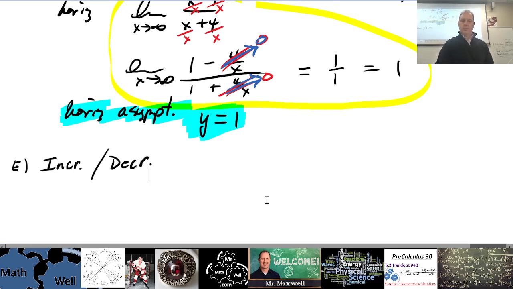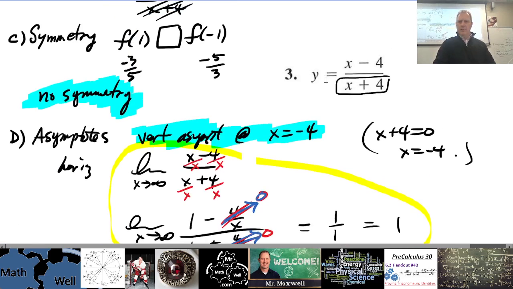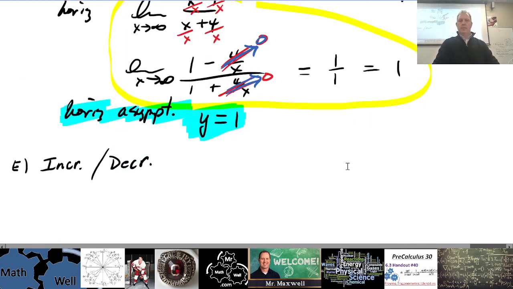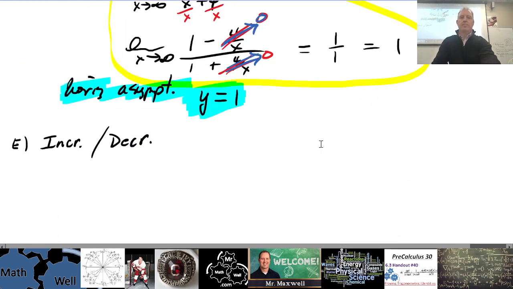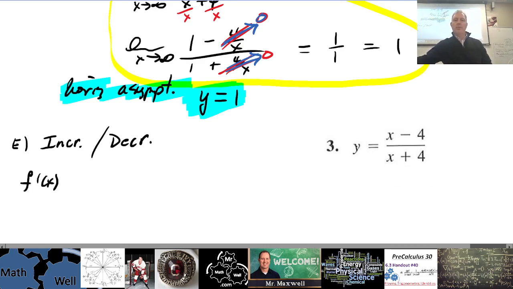Let me grab the function here again. Copy that, bring her down. Okay, so let's take the derivative here, f prime of x, or y prime. So this is the quotient rule.